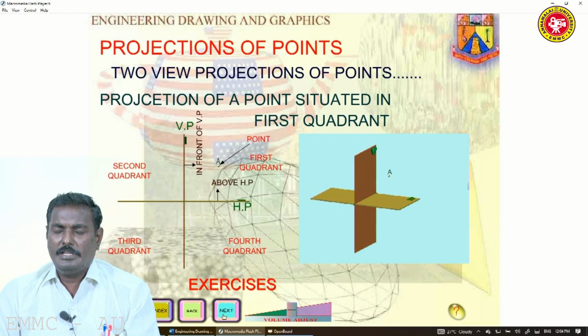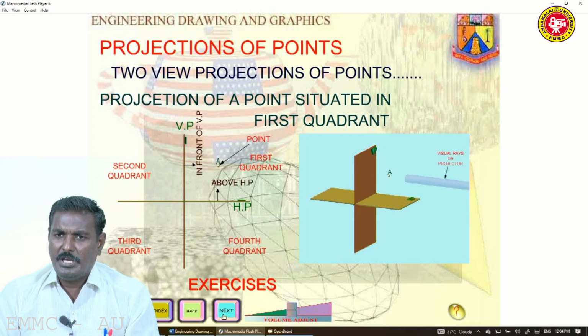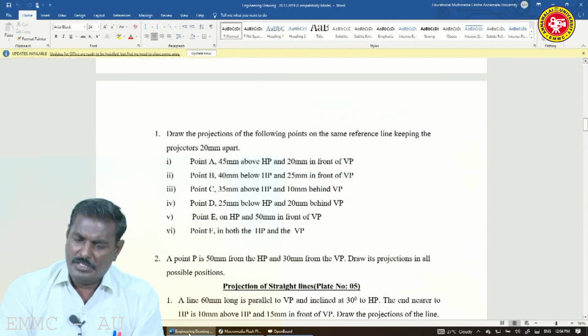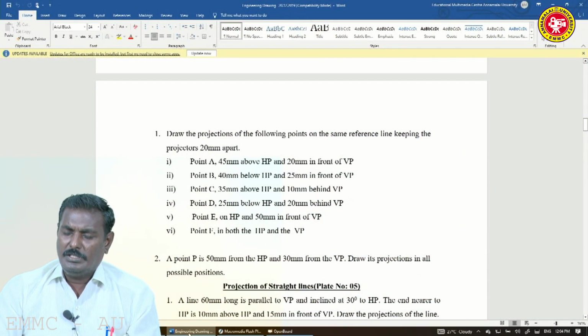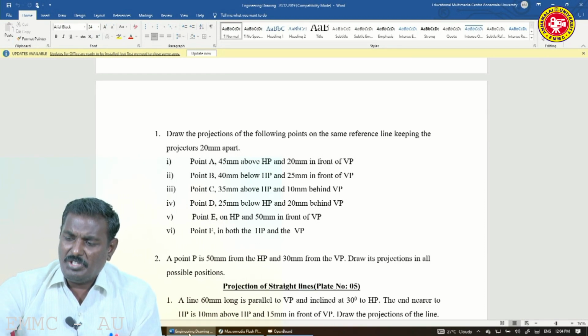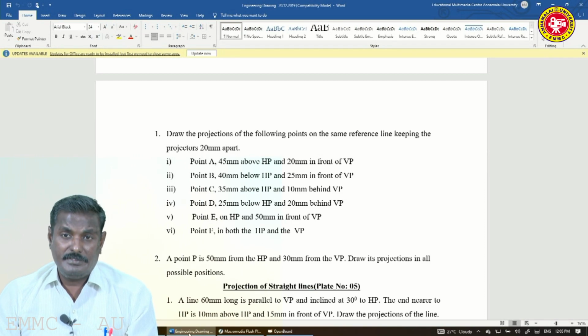Now we are able to see how to solve some problems. We take this one: draw the projections of the following points on the same reference line, keeping the projectors. I already said the projector is a guiding ray.